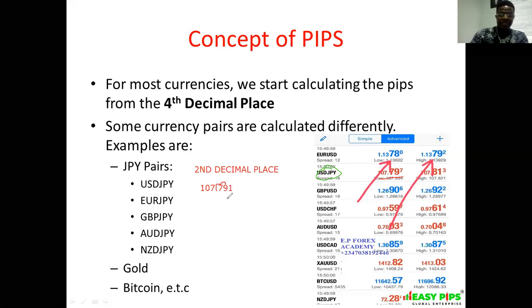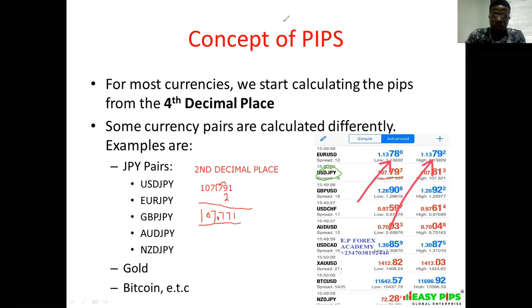So let's say it reduces by 2 pips. You just drop it here. You get 107.771. That means the value of USD to JPY has dropped 2 pips.